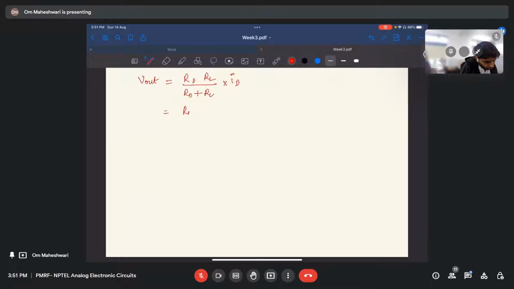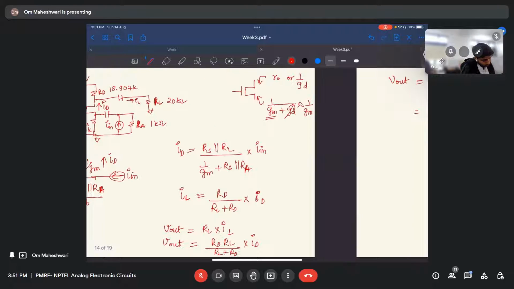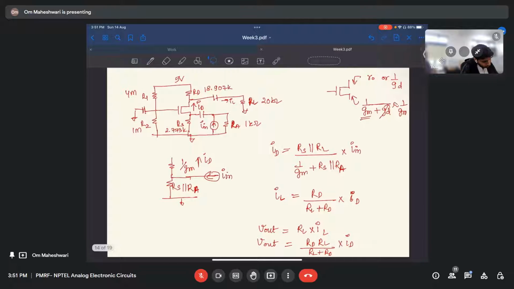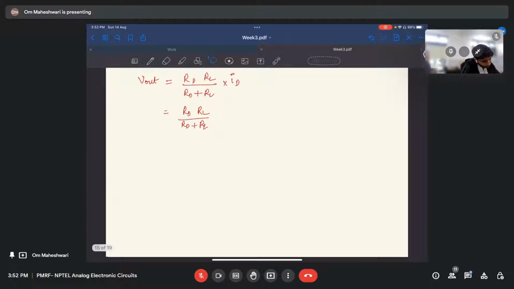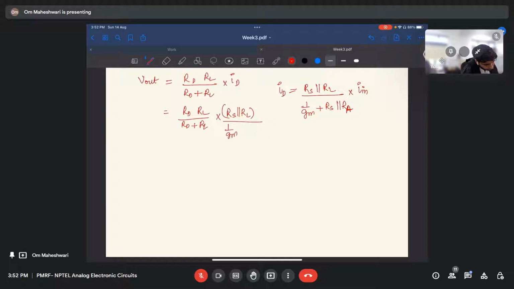ID is, let me copy it, RS parallel RL divided by 1 by GM plus RS parallel RL, into I in.